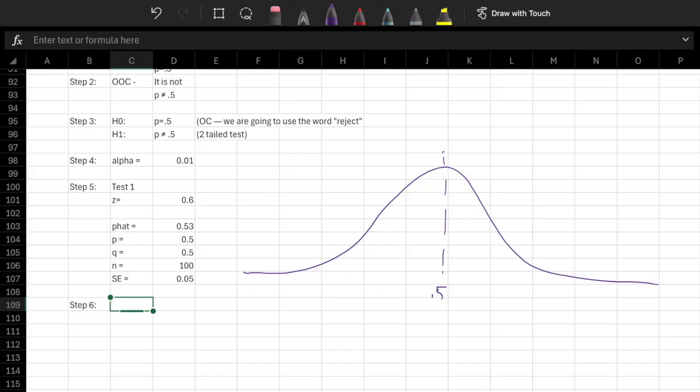And the standard error is 5%. So I reckon I'm 2 standard deviations away. Oh no, 53. Yeah, I'm 0.6 standard deviations away. That is not far at all.